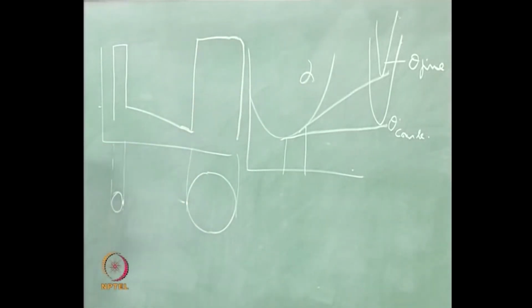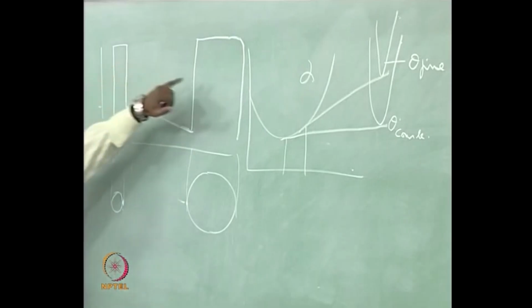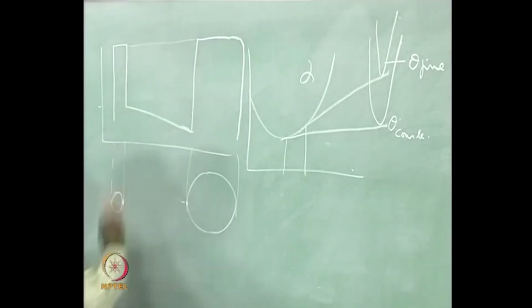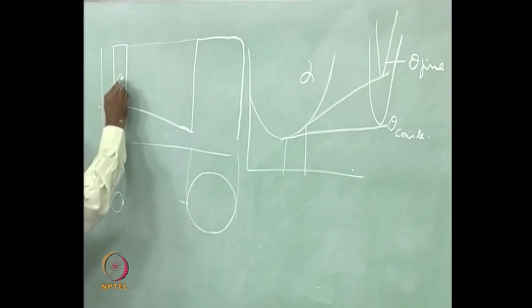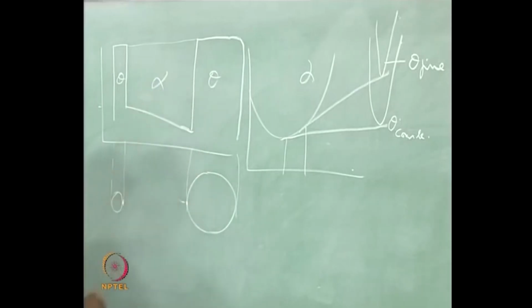This is the kind of thing that you see. The theta phase will have the same concentration, that does not change. Whether it is a smaller theta or a larger theta, it will have a fixed value of its stoichiometry. So, this is the theta phase and this is the alpha phase.